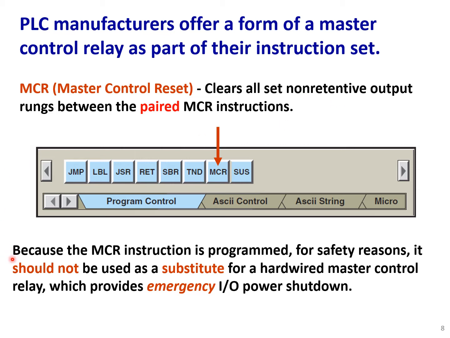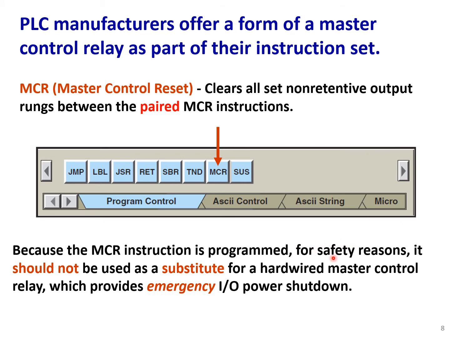Because the MCR instruction is programmed for safety reasons, it should not be used as a substitute for a hardwired master control relay, which provides emergency I/O power shutdown. So the MCR here is an instruction in the program for safety.